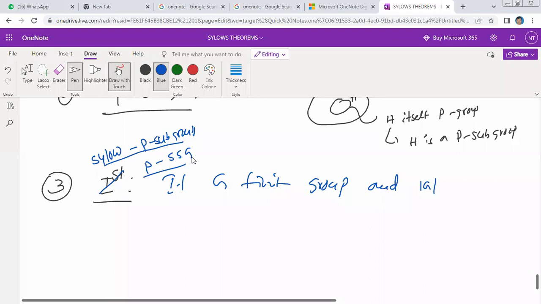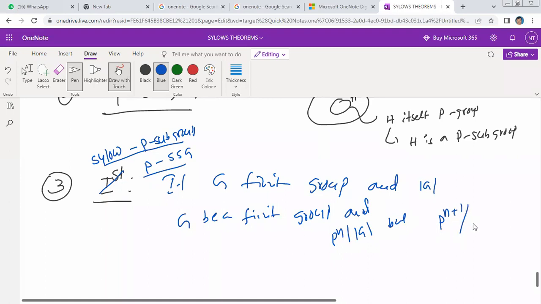What is the definition of a Sylow P subgroup? Let G be a finite group, and P to the power n divides the order of G, but P to the power n plus 1 does not divide the order of G, where P is a prime number.